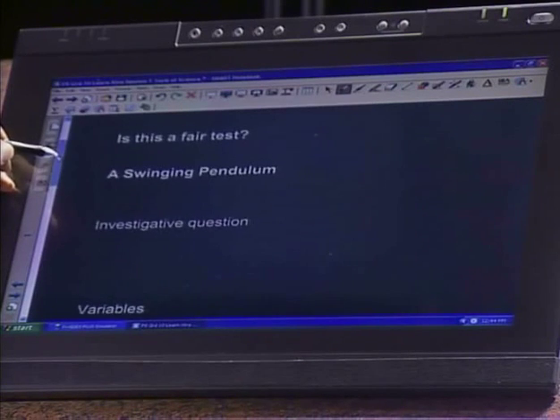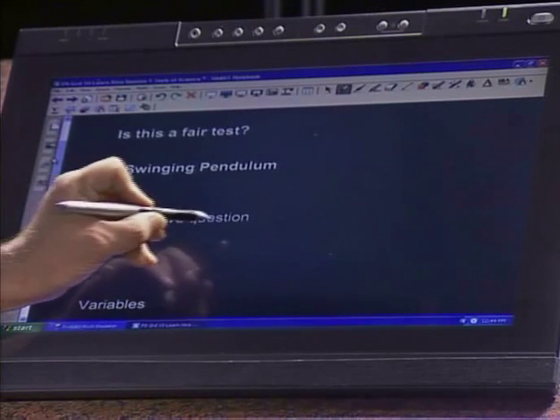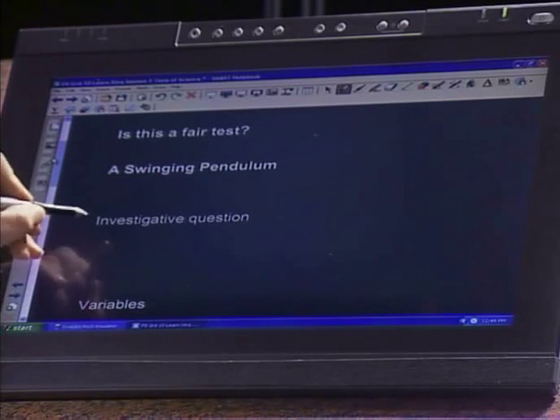So having done some exploratory observations and ideas about the pendulum, it's time for us to have a look at what is a fair test. How can we investigate the swinging pendulum? And when we have a swinging pendulum, we need to have what is known as an investigative question.